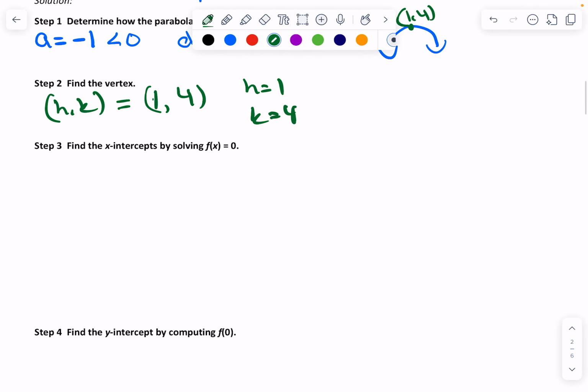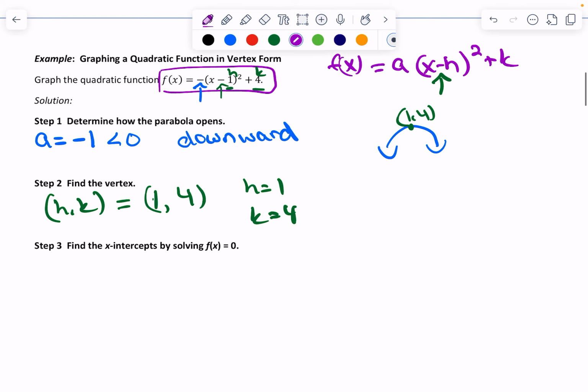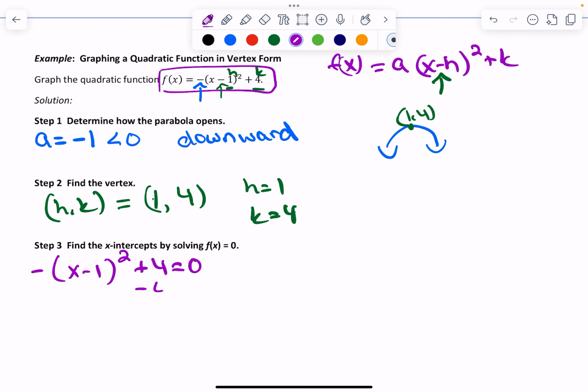Okay, step number 3. We are finding x-intercepts by solving f of x equals 0. So we take our f of x, negative (x minus 1) squared plus 4 equals 0, and now solve for x.